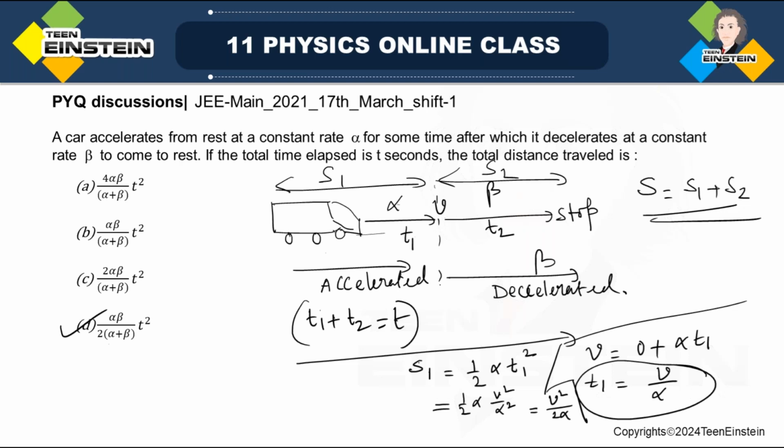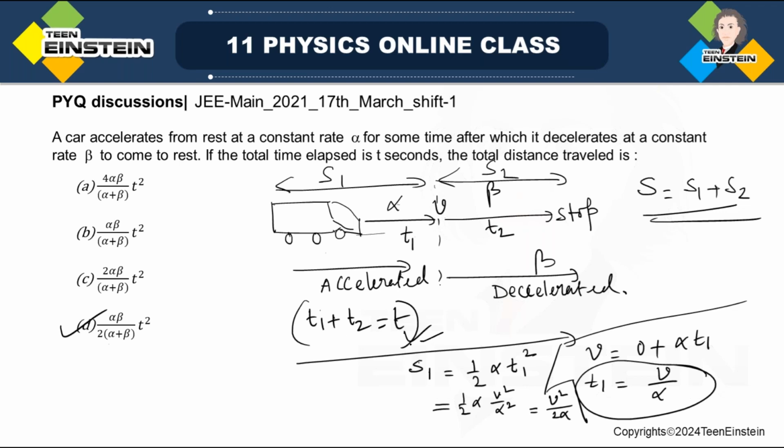The tricky point was that you have to take t1 and t2 as two different time intervals, and then find out s1 and s2. Also, from the conditions given, t1 and t2 can be found out.